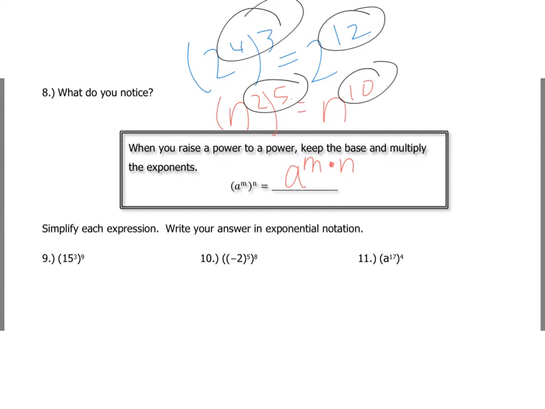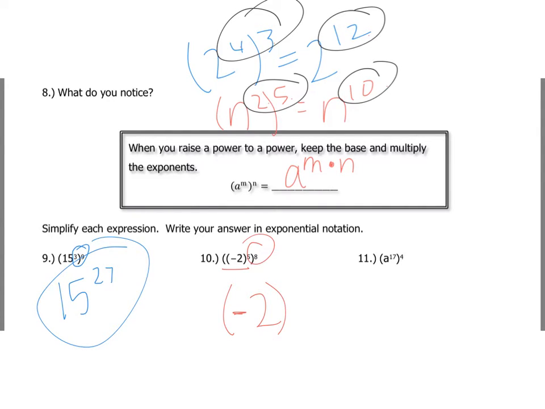Number 9, 15 to the 3rd power to the 9th power. Your answer is going to be 15, and then you're just multiplying 3 times 9, which is 27. So 15 to the 27th power is your answer. Next one, the reason why you have so many parentheses there is because remember that is a negative base, so it keeps its parentheses. But again, you just multiply the exponents, and 5 times 8 is 40.